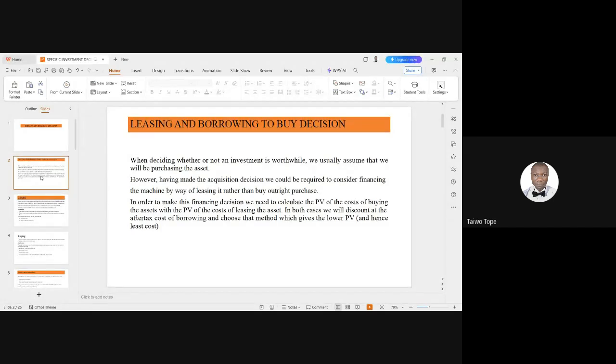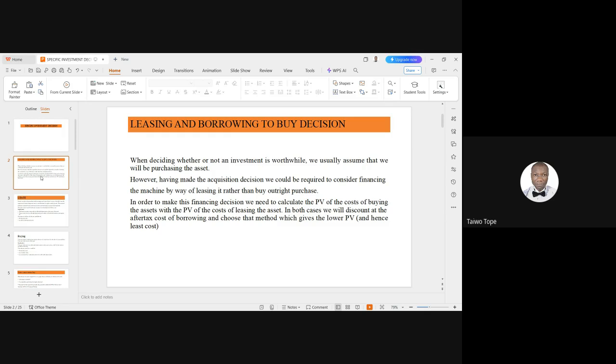This entails deciding whether the investment is worthwhile. So is the investment worth doing at all? That is the question. Here we check if the asset will generate enough benefit, that is cash inflows, savings, and so on, to justify acquiring it.